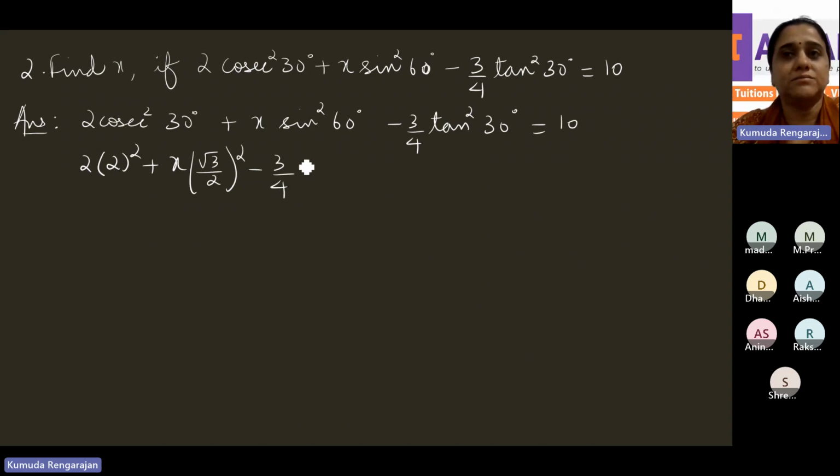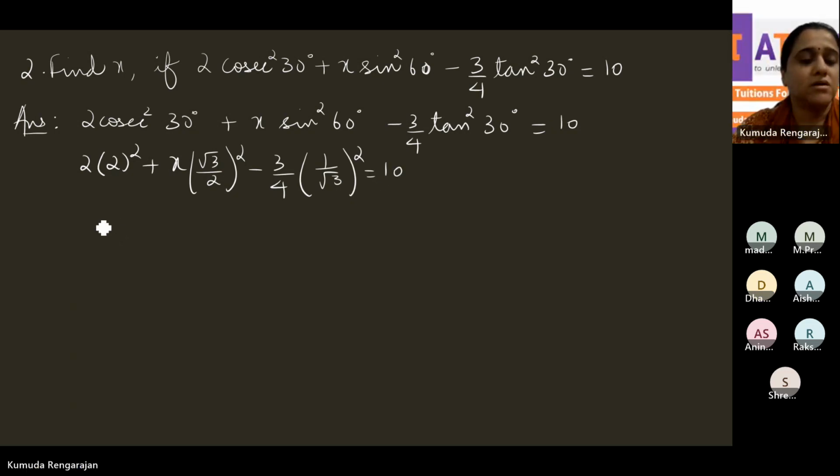Tan 30, 1 by root 3, root 3, is equal to 10. So 2 square 4, 4 2s are 8, plus root 3 into root 3 is 3, 3 by 4.